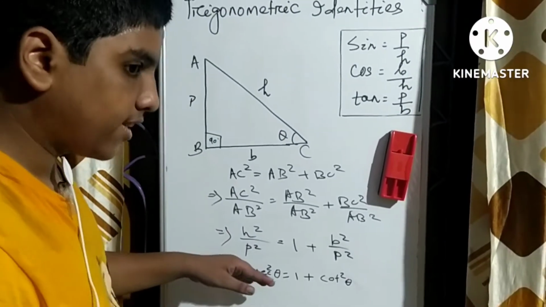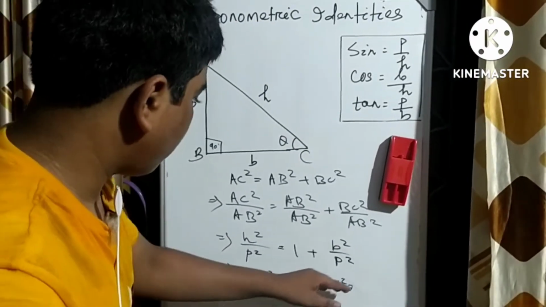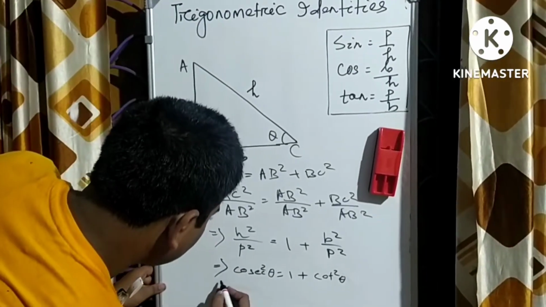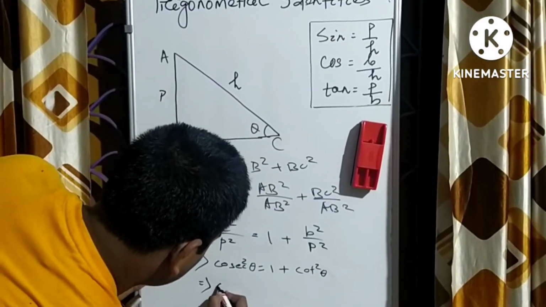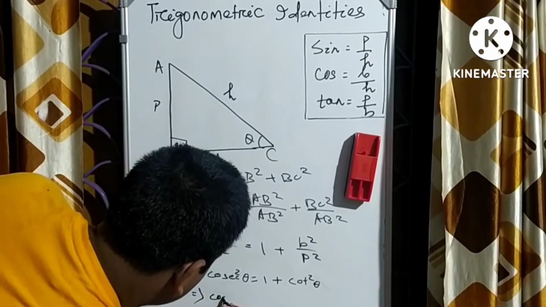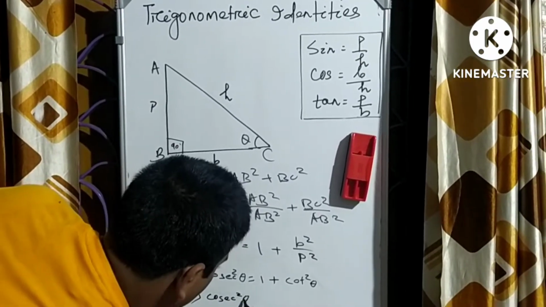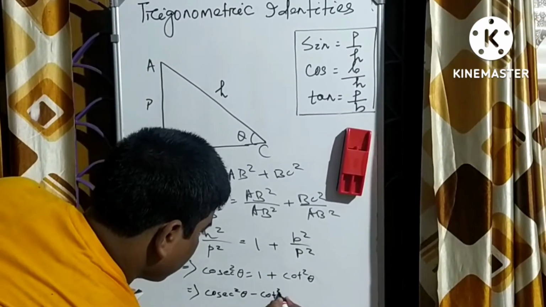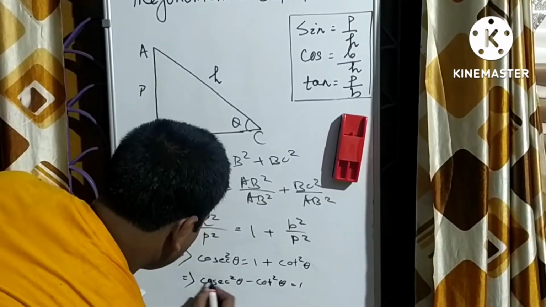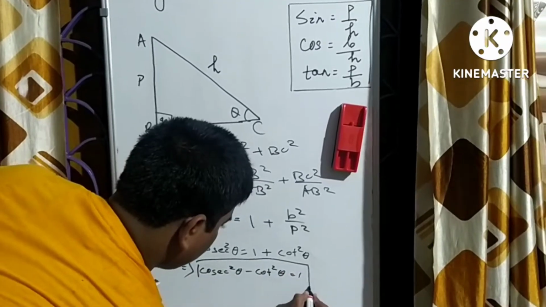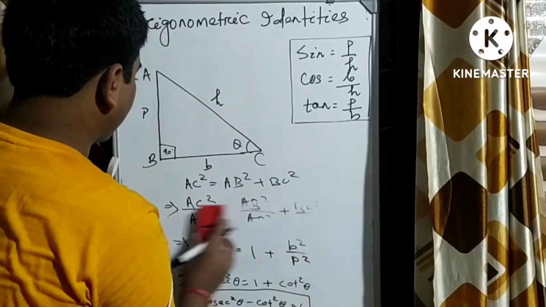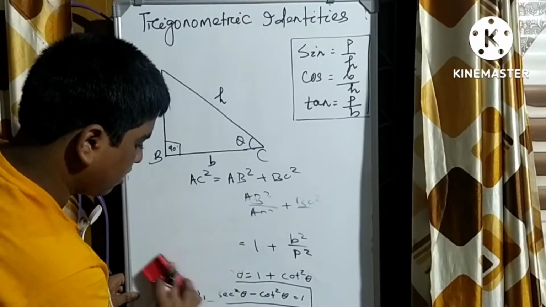Here cosec square theta is equal to 1 plus cot square theta, and by rearranging this we can write cosec square theta minus cot square theta is equal to 1, and this is the formula.